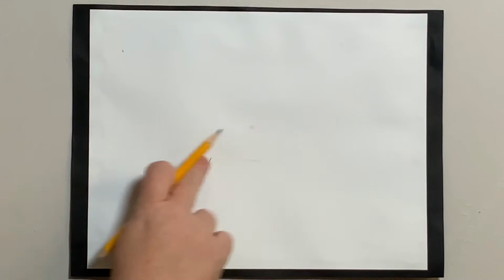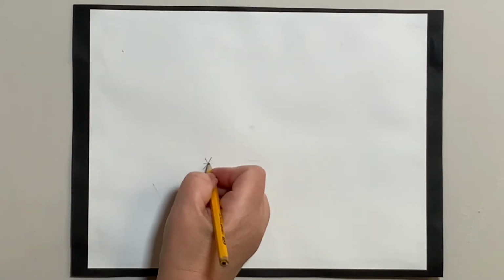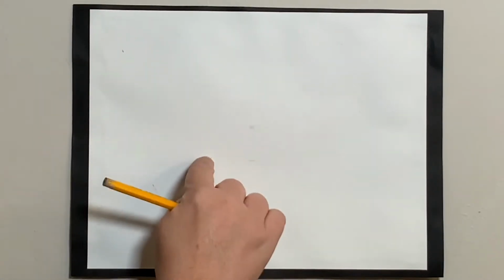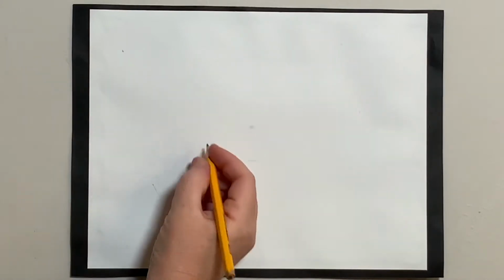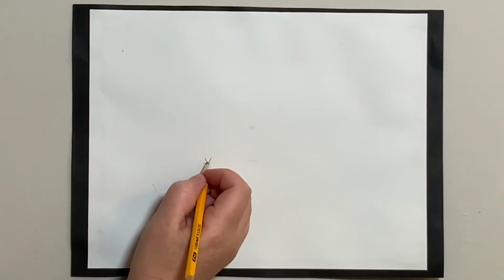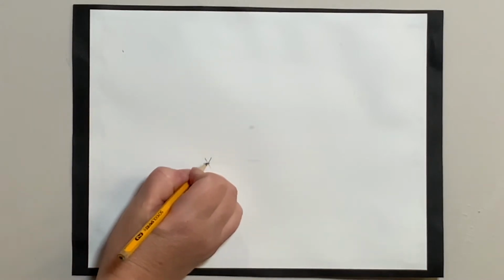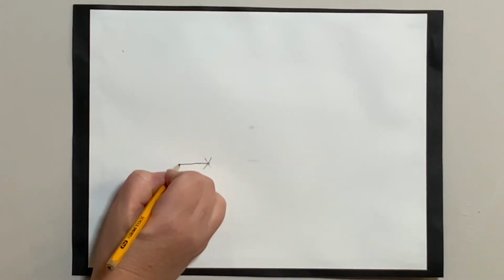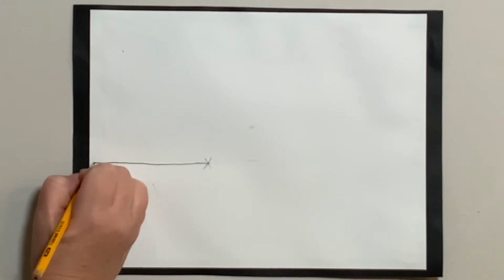So we made a dot for the center. We moved it down and a little bit over. Right here is where we're going to start the cave. It's going to kind of make like a rainbow, and we're going to use straight and wavy lines. So watch. I want you to draw a straight line going all the way across.